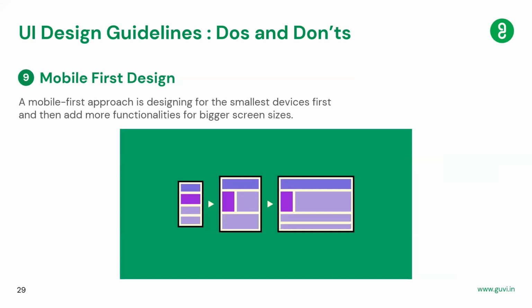If you start designing a website, you have ample space, like 1920 by 1080 resolution. You can put anything anywhere. The buttons can be very big or small. The menus can be hovering from left or right or top, bottom, anywhere.